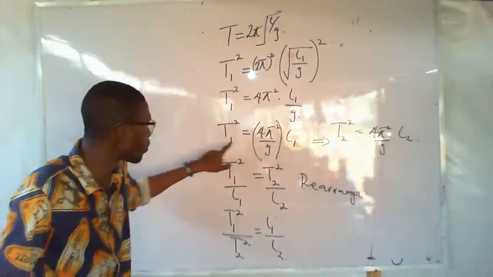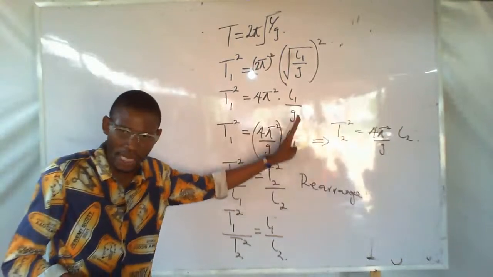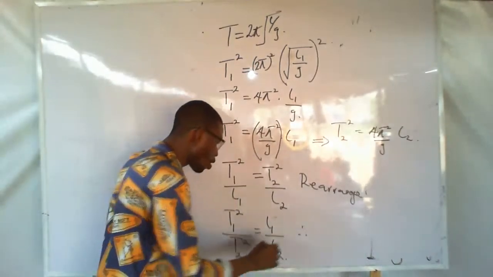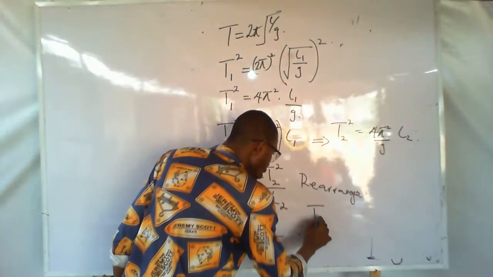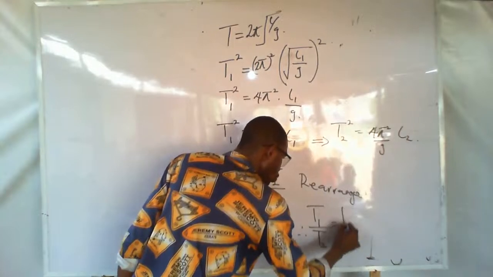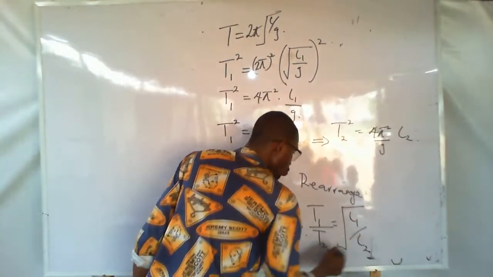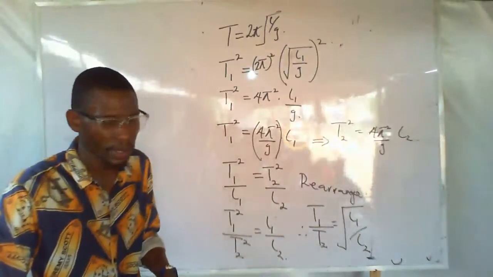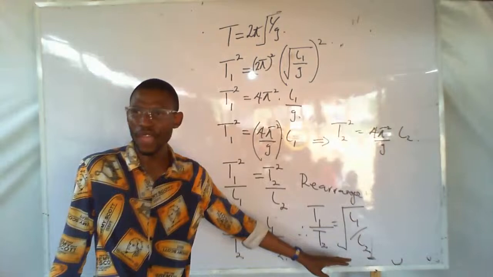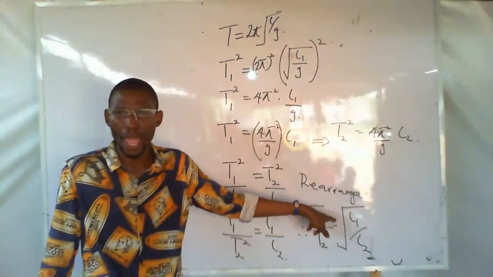From this expression, you get this expression. Therefore, T1 over T2 is equal to the square root of L1 over L2. This is a formula that can be used should you have any question relating period and length under a simple pendulum.